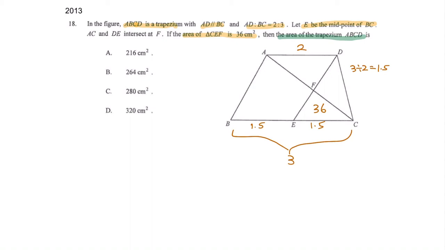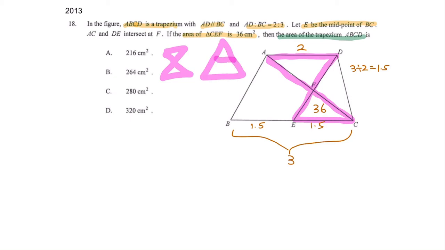So here, first of all, do you see any similar triangles? If you see, then the question becomes very easy actually. So see this shape, and this shape are similar triangles because their angles are the same, just the opposite angles and the corresponding angles. So what's the usage of that?